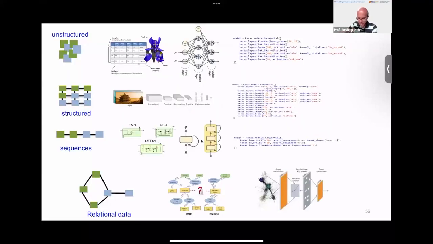So that basically concludes the neural network models that we planned for this module. We started with the MLP when the data is predominantly unstructured. Next, we looked at structured data, whenever we have images where you can exploit these structures.